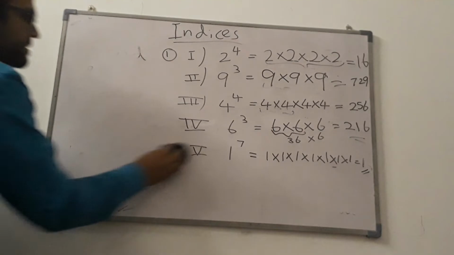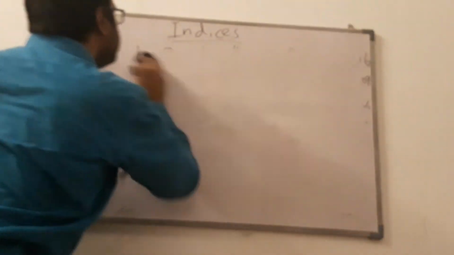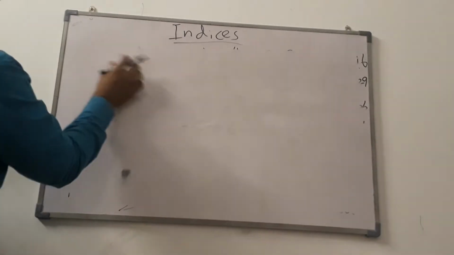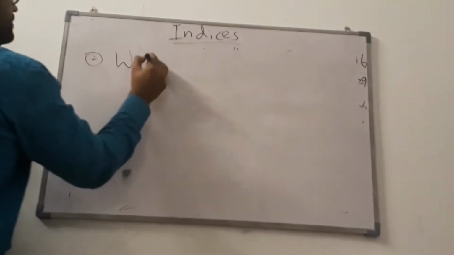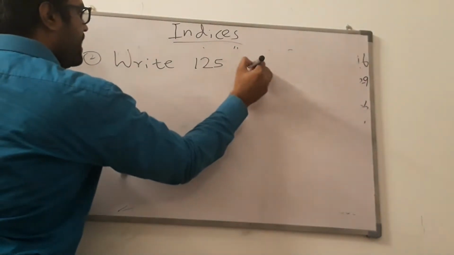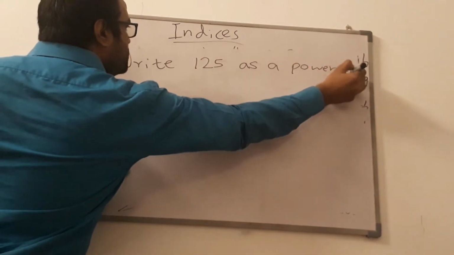Okay, second question. Write 125 as a power of base 5.